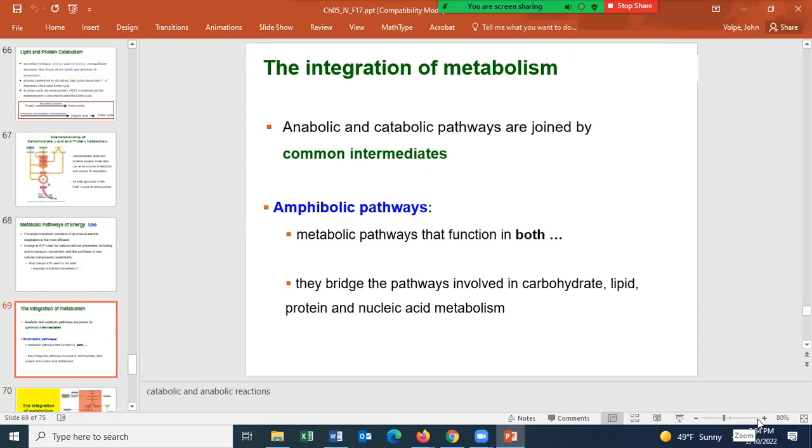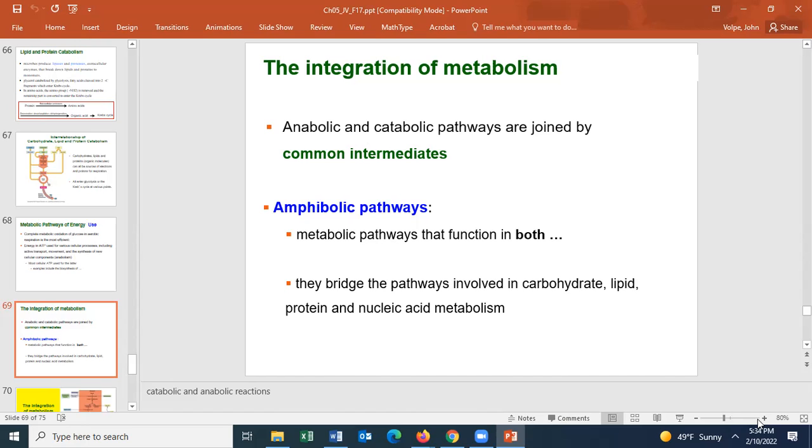So we've talked about anabolic and catabolic pathways as being distinct. However, in the cell, even in our cells, they are not distinct. The two pathways have common intermediates, and so an anabolic process and a catabolic process are actually joined together.